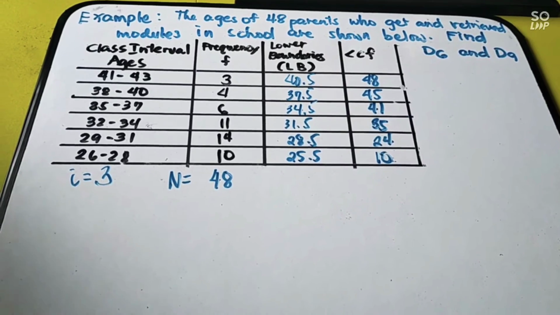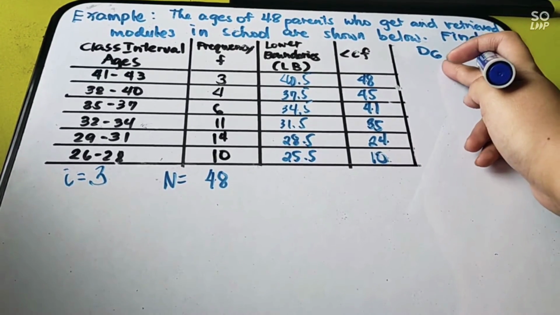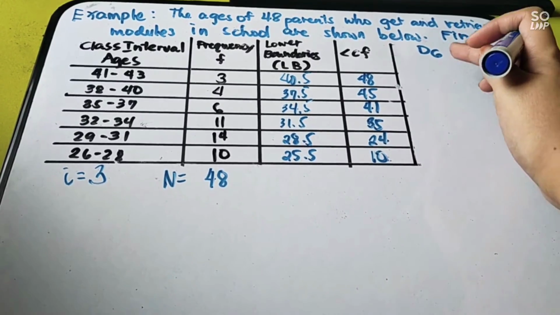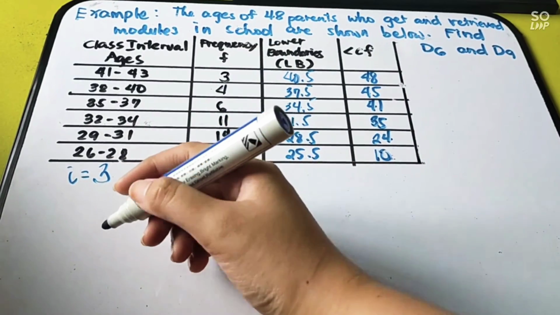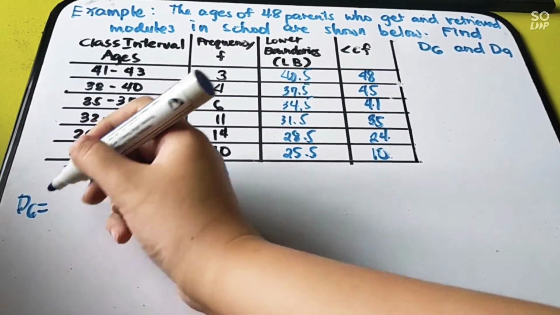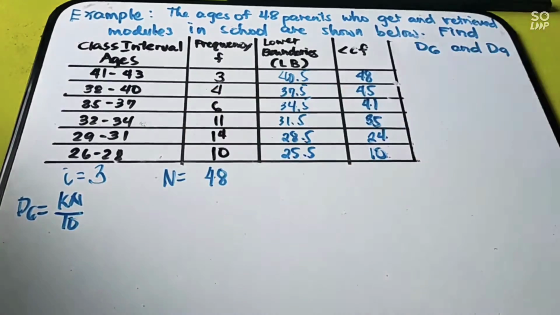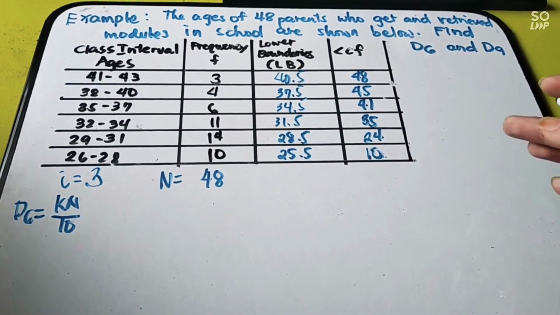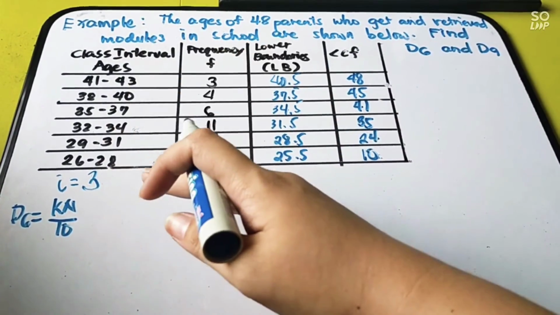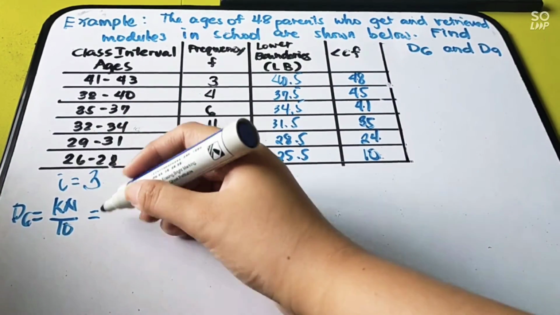Now, let's find kung nasaan ngayon si D sub 6. Okay, so si decile 6. Paano yan? For us to find the deciles, we have here kn over 10, over 10 na kasi deciles na tayo. Kanina, over 4 kasi quartile tayo. So, let us substitute.